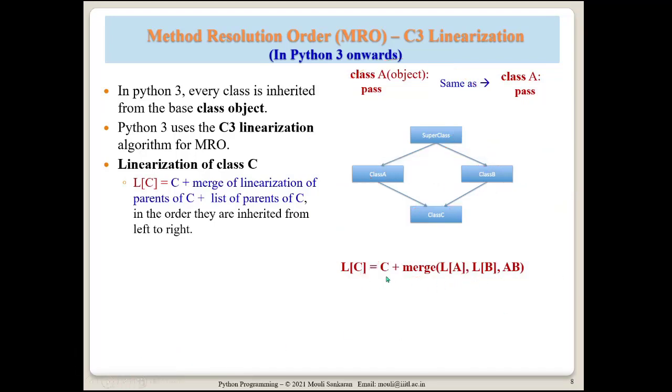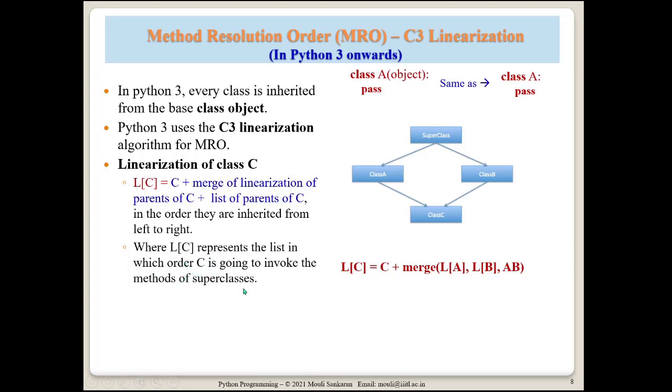Now, you need to create a linearization list, or MRO, for class C. So we are starting with C. Then we recursively define it by merging the lists LA, comma, LB, comma, A, B. Okay, A, comma B. The list LC represents the order in which C is going to invoke the methods of superclasses.